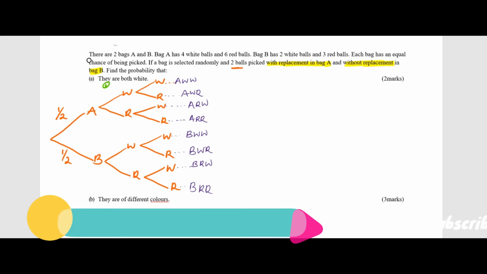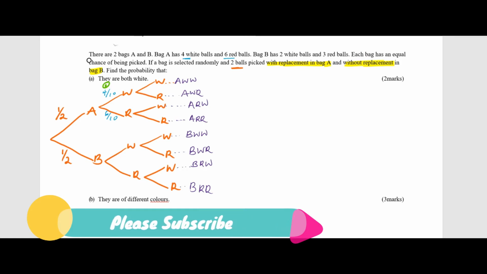So let's start with this bag A. Bag A has got 6 red balls and 4 white. So the probability of picking white is 4/10. Red is 6/10. Remember, in bag A the balls are picked with replacement. With replacement means nothing will change.